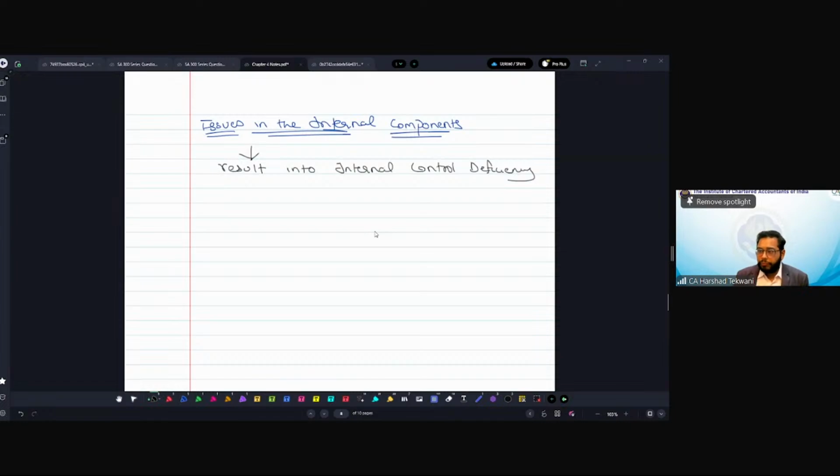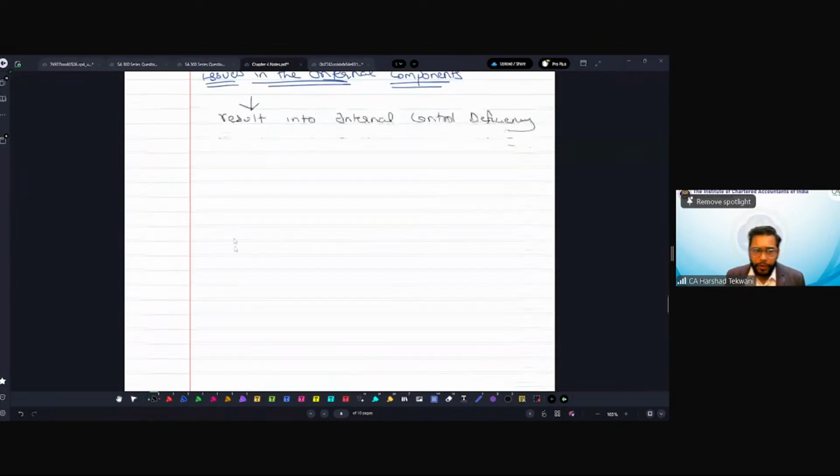That's why there was a deficiency. And when I say weakness of the internal control system, it means the overall internal control system is not adequate, relevant to the size of the organization or the nature of the business, that should have been there. Okay, good.